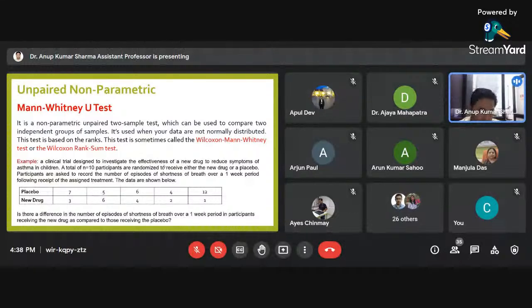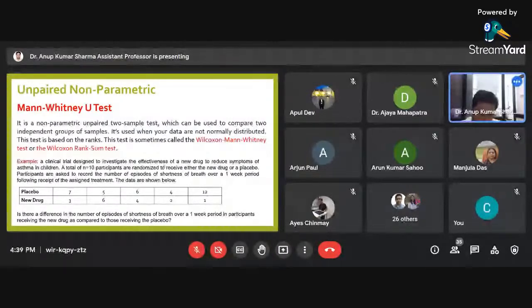Now we come to the main important topic, the Mann-Whitney U test. The Mann-Whitney U test is used for non-parametric testing.